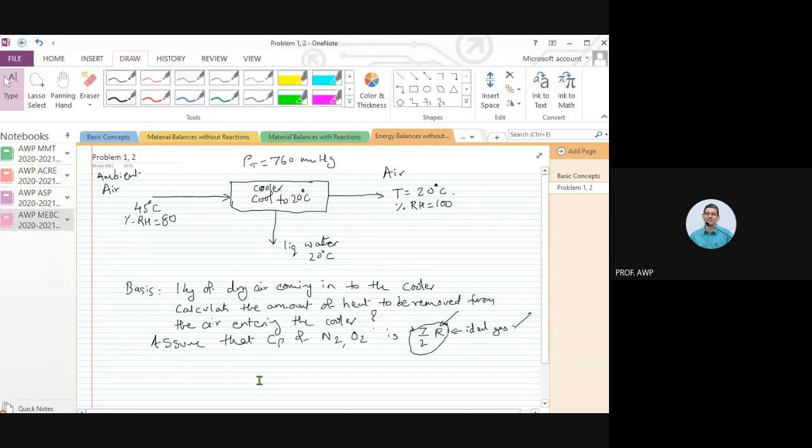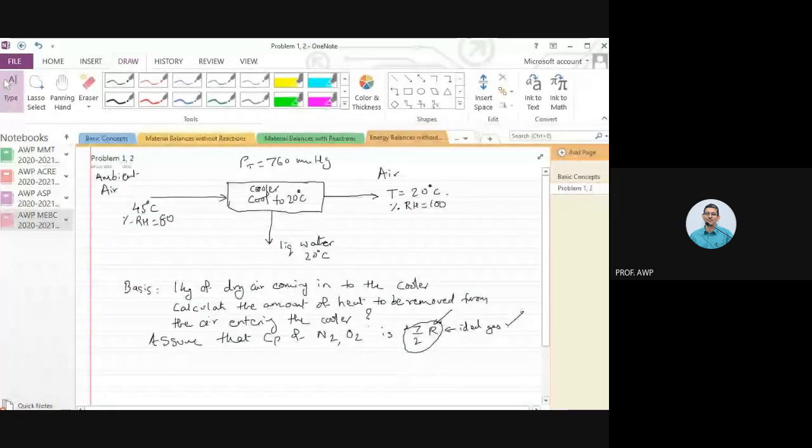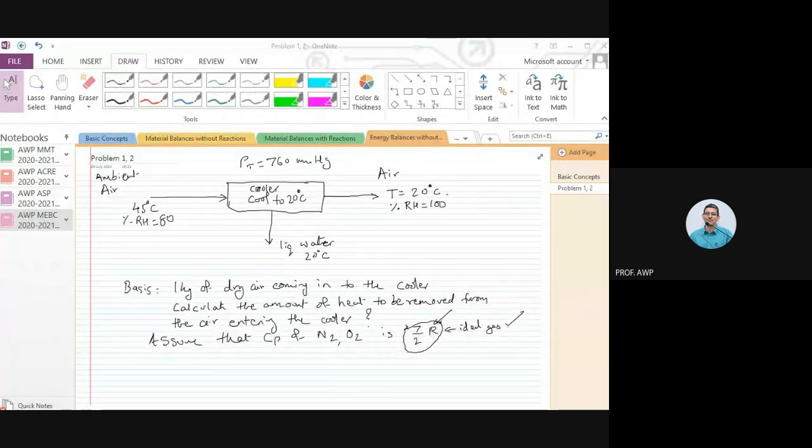Okay, take 5-10 minutes. First do the material balance, find out how much liquid water condenses out.